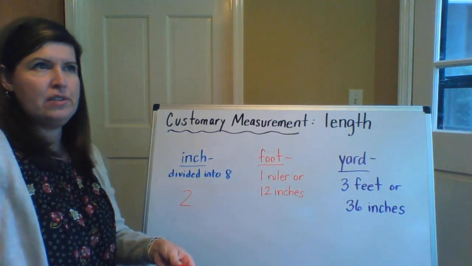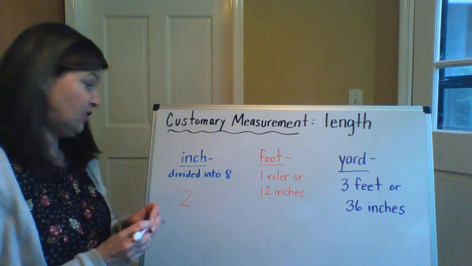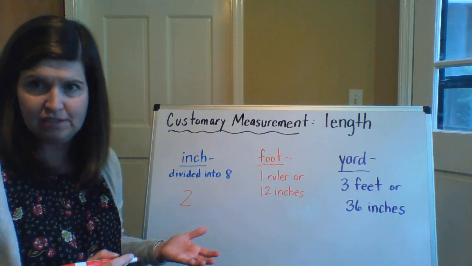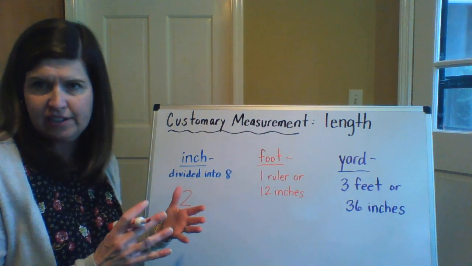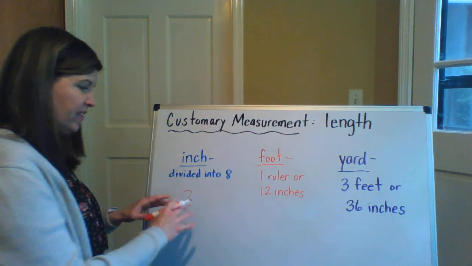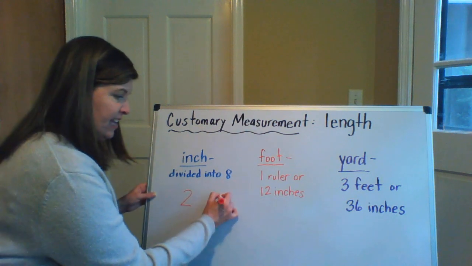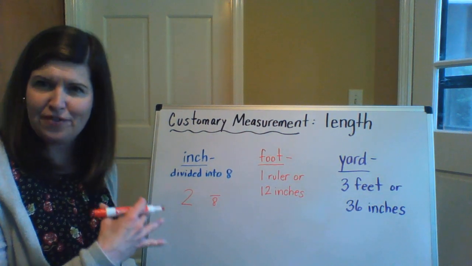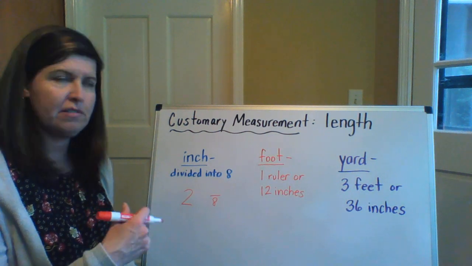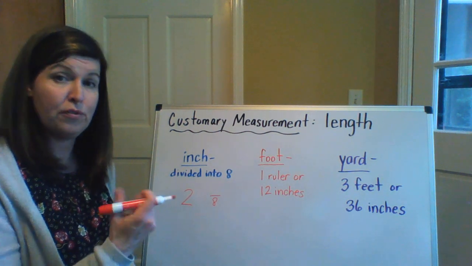So you might have heard someone say it is 2.5 inches or 2 1/4 inch. So what that looks like is, since everything has an 8 at the bottom, they're just simplifying that fraction to make halves or fourths.